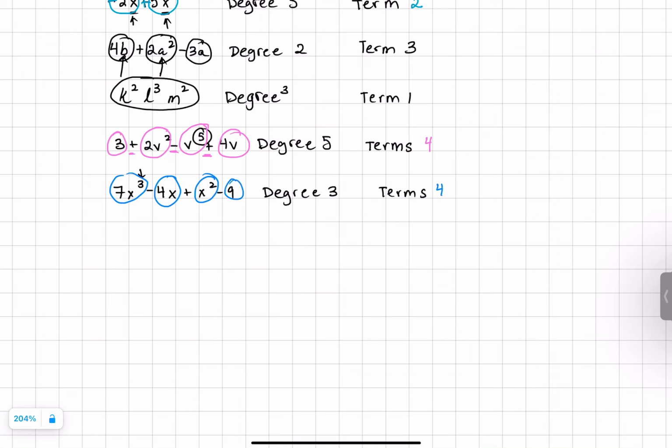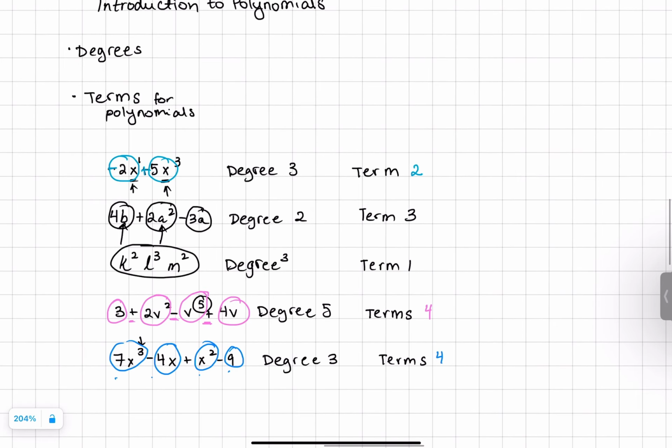So 1, 2, 3, 4. So 4 terms. So obviously you can see that the degree could be 3, could be 2, it could be 5. The terms could be 1, 2, 3, or 4. So there are names for classifying these degrees and terms.